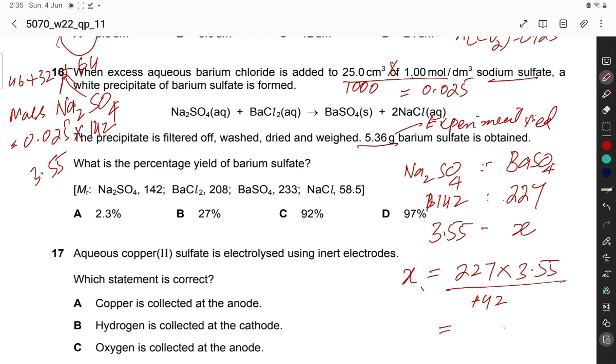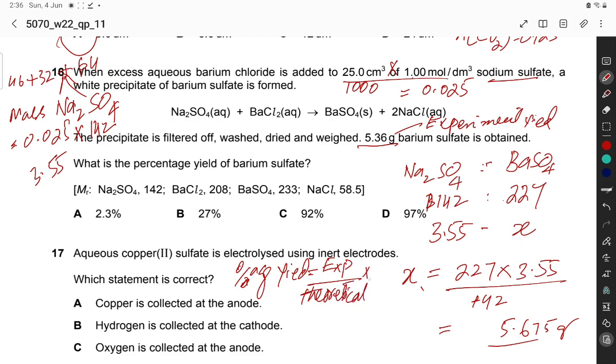Theoretical yield is 5.675 gram. So percentage yield is equal to experimental over theoretical into 100.